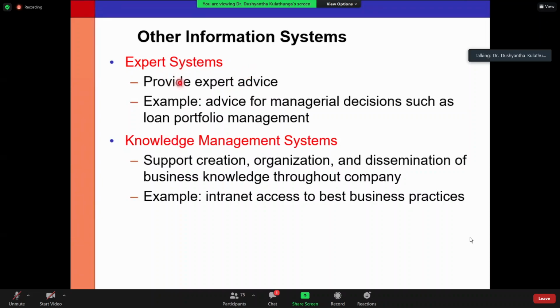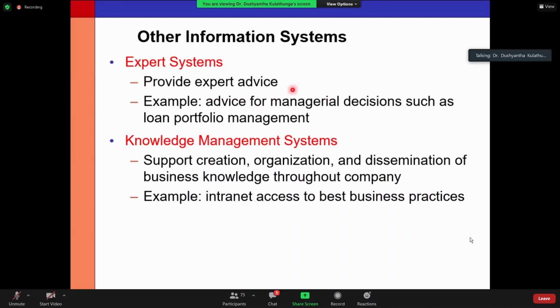Likewise, expert systems will mine data or do an in-depth analysis of data or knowledge that has been captured by the organization to provide some expert advice to the managers in relation to different decision-making requirements. The example says advice for managerial decisions such as loan portfolio management. A portfolio indicates a combination, basically.